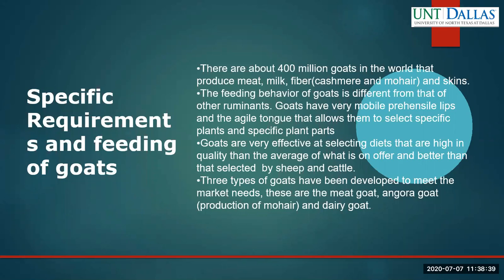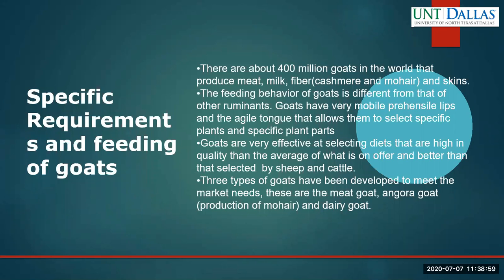So three types of goats have been developed to meet the market needs. These are the meat goat, the Angora goat, that results in the production of mohair, and the dairy goats. Meat goats include a variety of breeds.